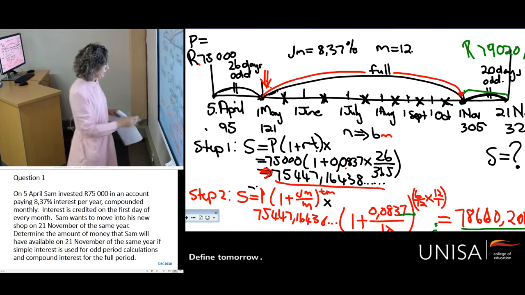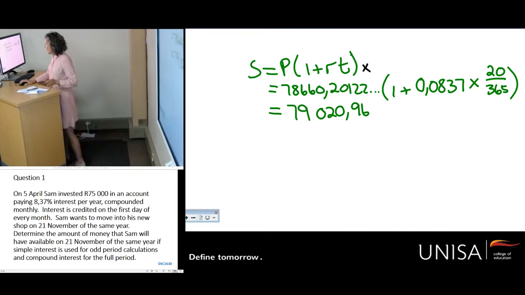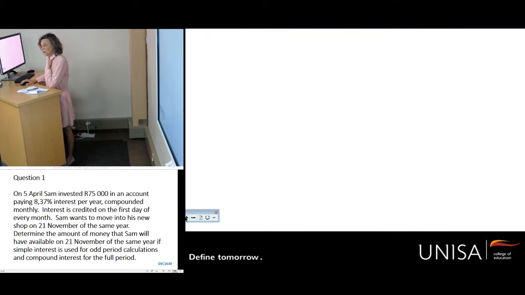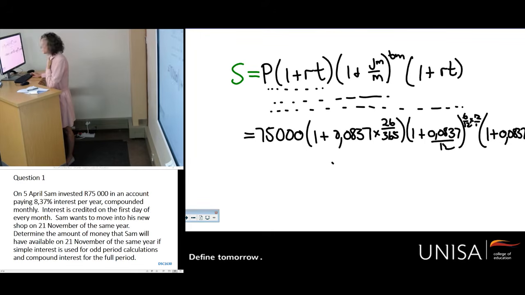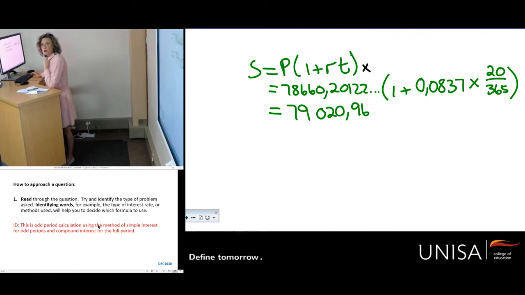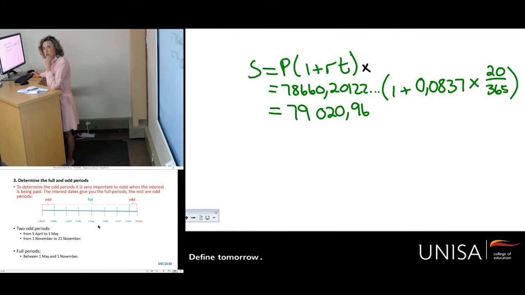Right, so let's go back to our presentation, our PowerPoint, and just to recap, okay, we read through the question, we identified it, we filled in red our 5th of April and 21st of November, as well as the interest dates. We determined the full and the odd periods.